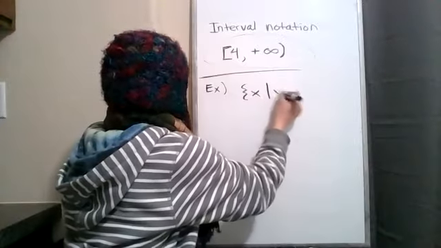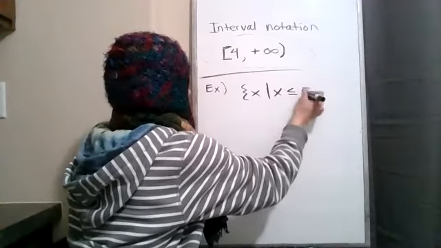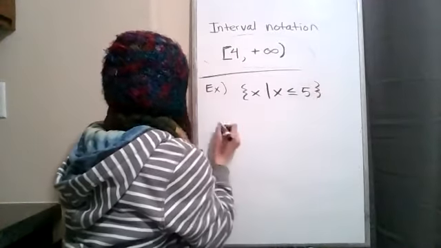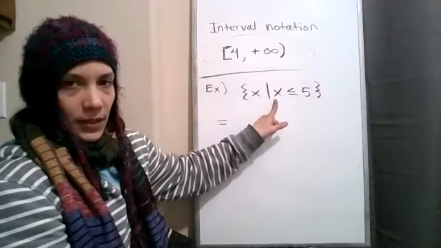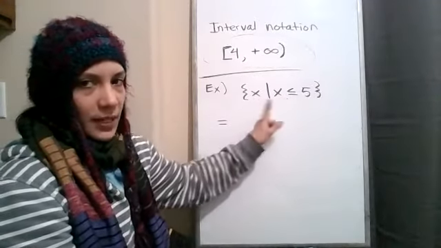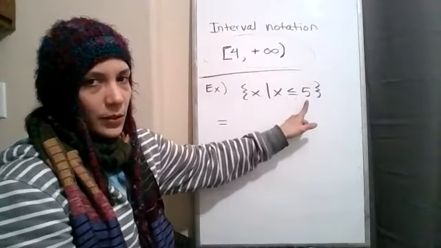The set of x such that x is less than or equal to 5 is values going from negative infinity up to 5 and including 5.